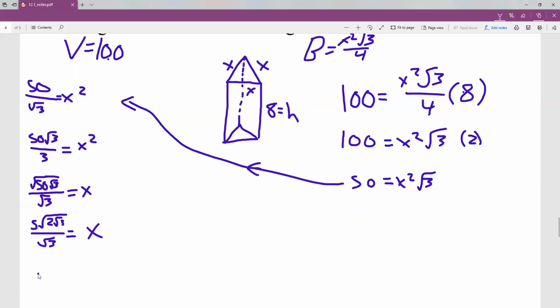So I'm going to take 2 times the square root of 3 and square root it.